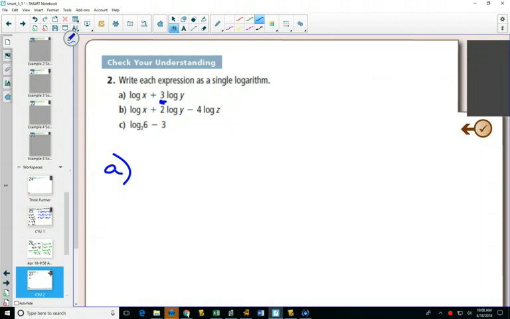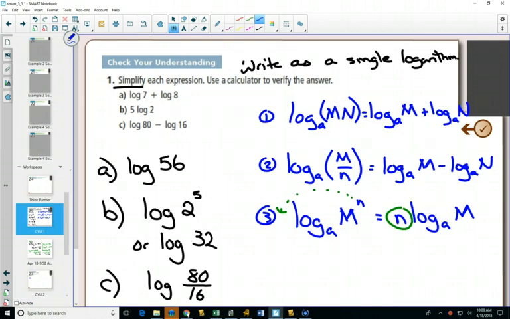So the adding log law can only work if it's log plus log. And right now, we have log plus 3 log. But if we look back at our log laws, we do have a law that says if you have a number in front, you can simplify that as a single log by moving that number in front in as an exponent.